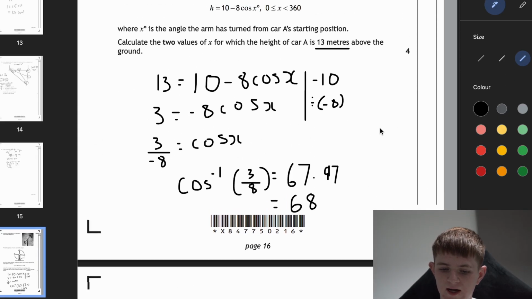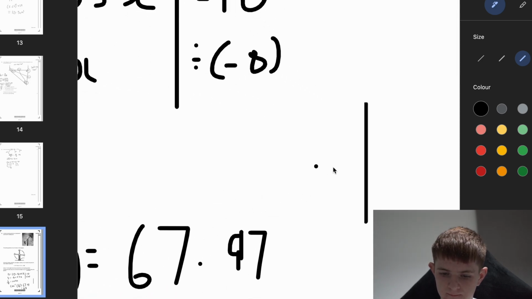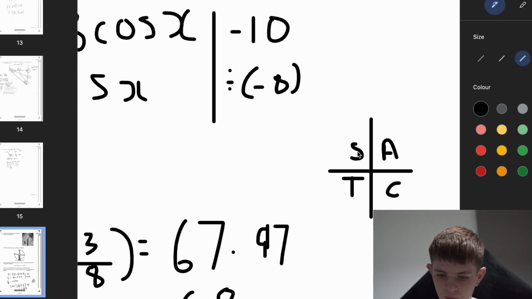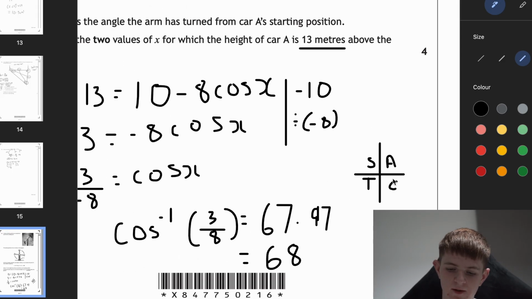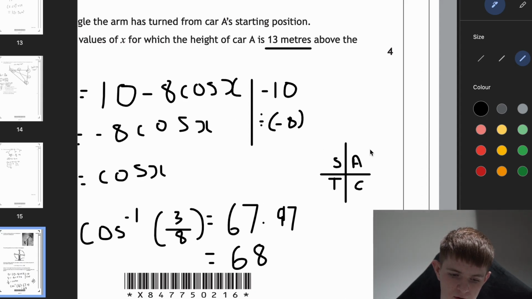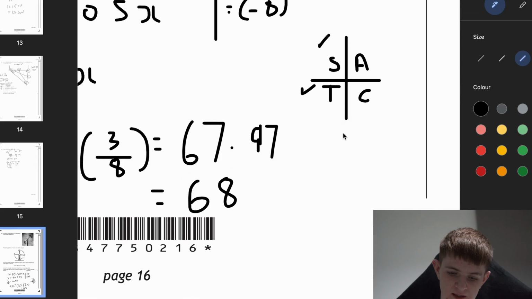Now, using our CAST diagram, I'm going to do it in here. A, S, T, C. Whether it's always support the Celtic, always support the Chelsea, whoever it may be, however you remember that, that's how you do it. Bear in mind, our cos was negative this time, so we're going to do the opposites. We've got sine and tan, so 180 plus x, 180 take away x.